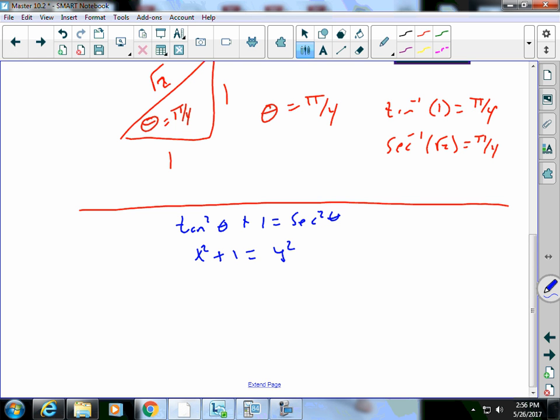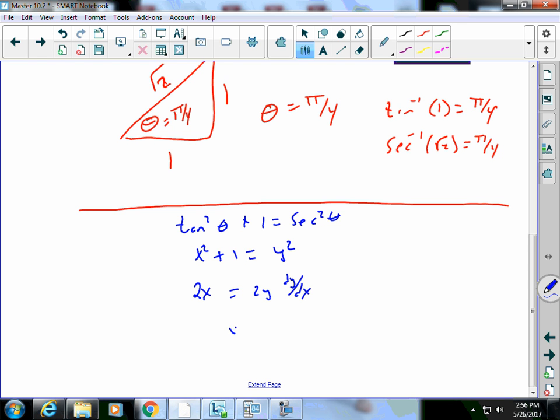So then what do we have? I can take the derivative of both sides, right? If I take the derivative of both sides, 2x, because I want to find the slope, is equal to 2y dy dx. And it's 2y times that, so I can divide everything through.